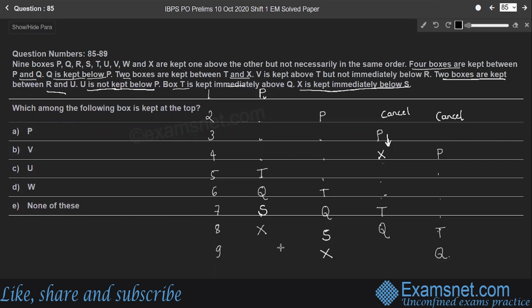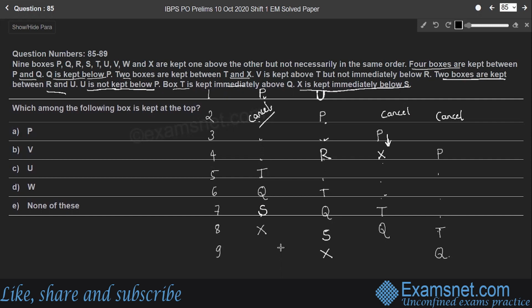So we cannot consider case 1 also because U is not kept below P. Therefore, U will be the first box which is above P, and two boxes are kept between R and U. Therefore, box R will be the fourth box, right? So we have to cancel even the first case. So consider only the second case, right?